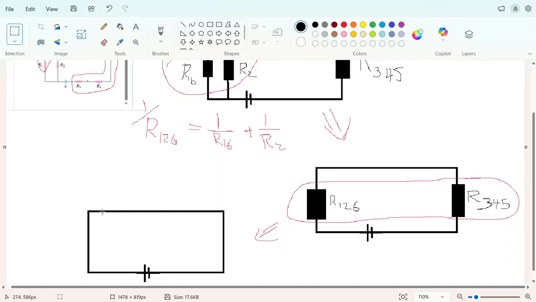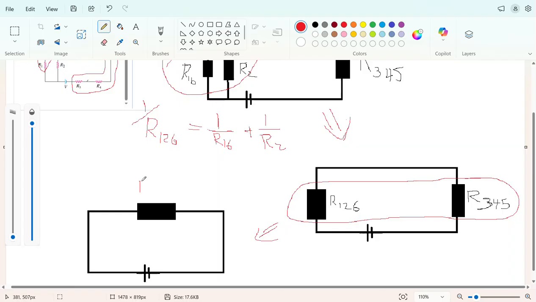Since we're going to combine these into some equivalent resistance here, let's go ahead and fill that in. This is going to be R1,2,3,4,5. There's your equivalent resistance, R1,2,3,4,5.